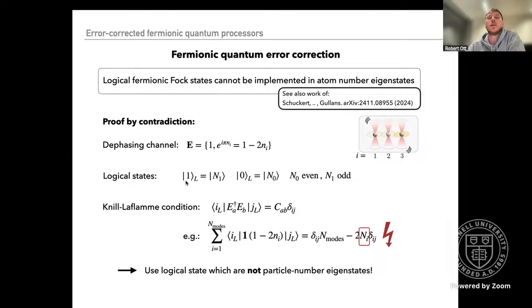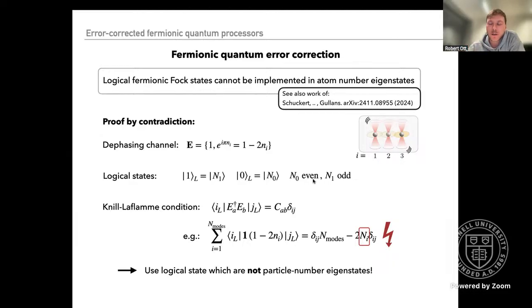So assume your logical one would have a certain number of physical atoms inside maybe a well-defined spatial region that you might want to call a code block. And your logical zero consists of a different number, n0, of atoms. Then in order for this one to be a fermion and this one not to be a fermion, you would like n0 to be even and n1 to be odd, right?